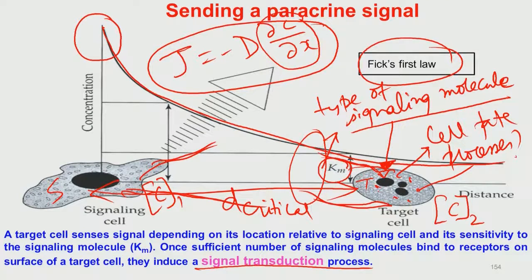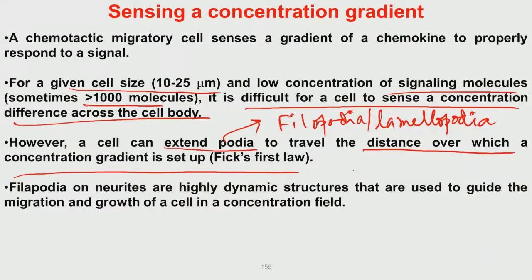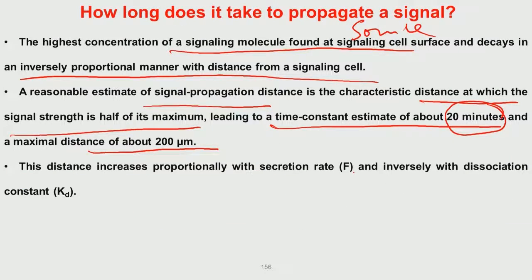However, since the critical distance, as I said, is 200 micron, if a target cell is separated from the signaling cell by a distance of 100 micron, which is less than 200 micron, then the signal strength at the target cell will be significant enough for the signal transduction processes to take place in the target cell. I hope I have explained enough the physical significance or physical implication of this number.